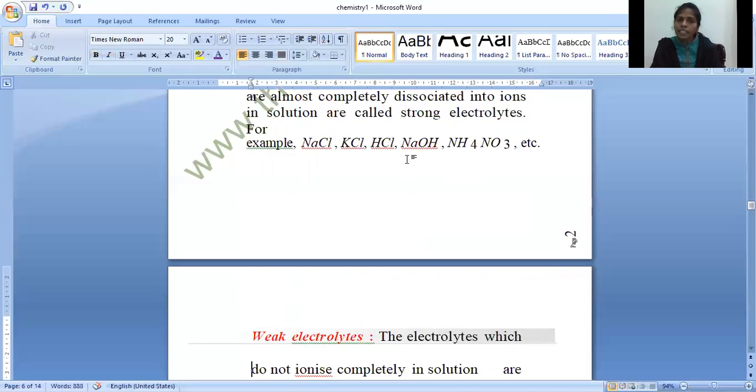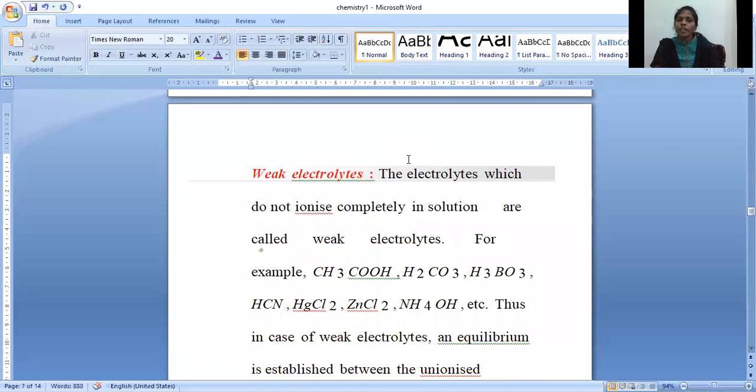So now the next type of electrolyte, weak electrolyte. Weak electrolyte is nothing but the electrolyte which does not ionize completely in solution. In the strong electrolyte, I told you, it is decomposing 100%, but whereas in weak electrolyte, it is not decomposing 100%.